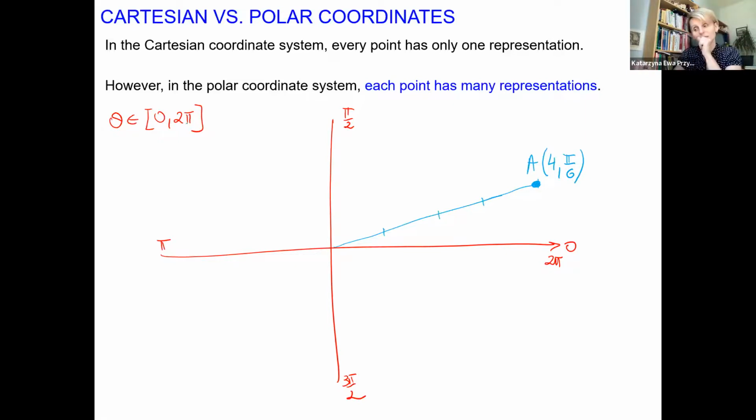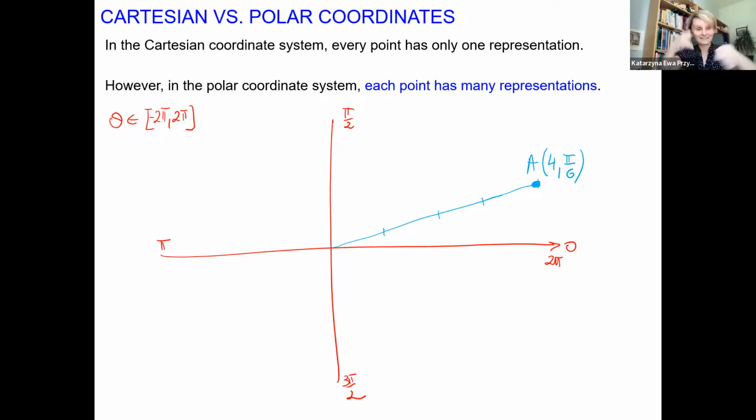Actually, let me, because I wanted negative. Let's say from negative 2 pi to positive 2 pi. I know it looks weird, but I just want to use the positive notation from 0 to 2 pi and from 0 through the negative.